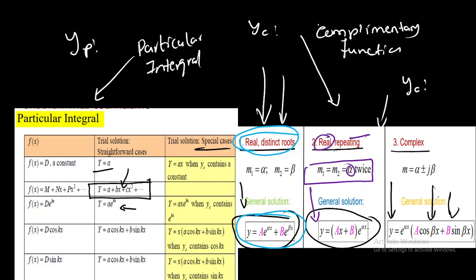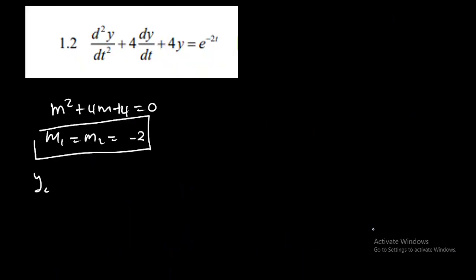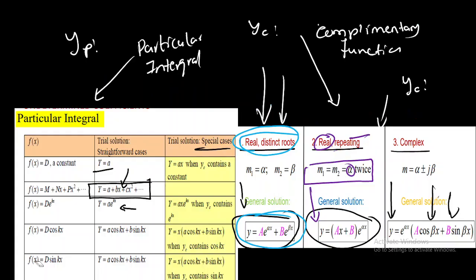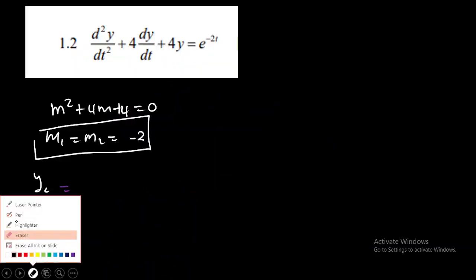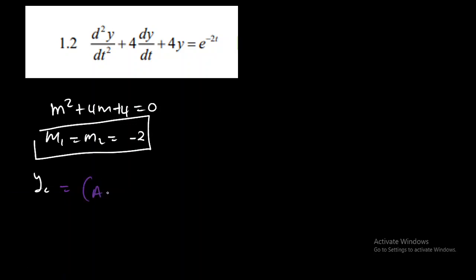So our YC is going to be ax plus b, yes. So it's going to be at plus b, e to the exponent minus 2t.